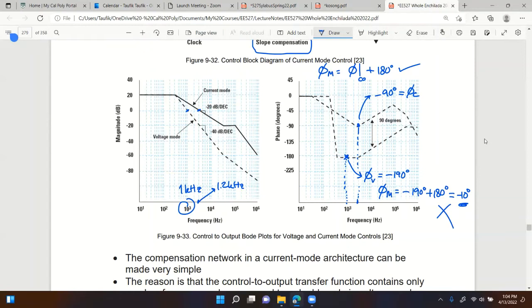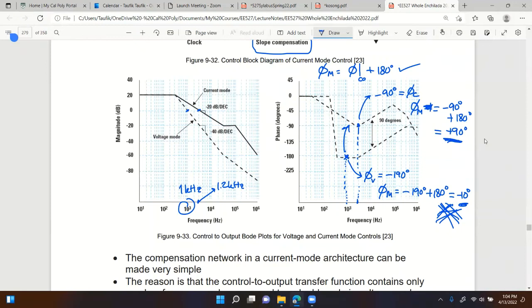Look at the phase margin for current mode. What is it? Minus 90 plus 180 degrees. That's plus 90. You can see that by using current mode, you boost the phase angle from minus 190 to minus 90, which is good for phase margin. I just showed you that mathematically. From minus 10, which is bad, negative, to positive phase margin, positive 90, which is good.